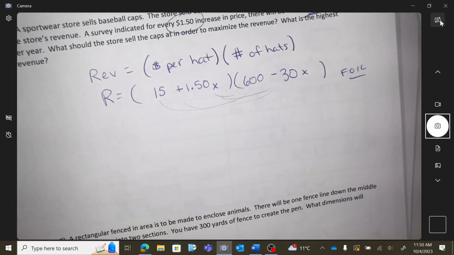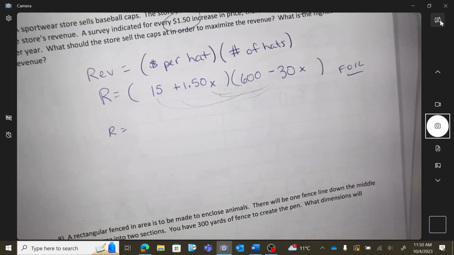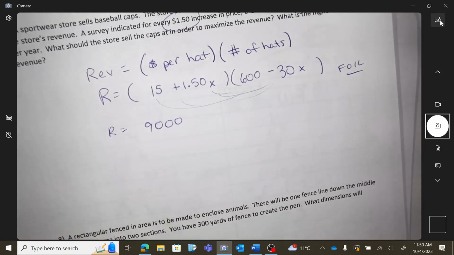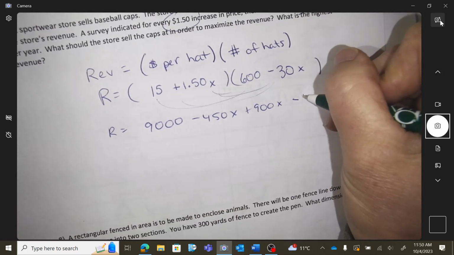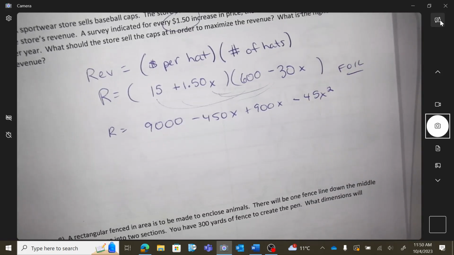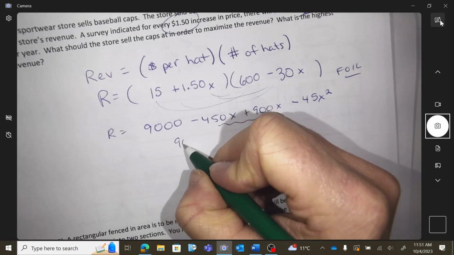So multiply this out. Okay, I'm gonna collect as well.